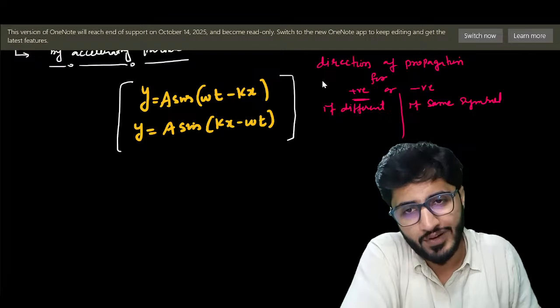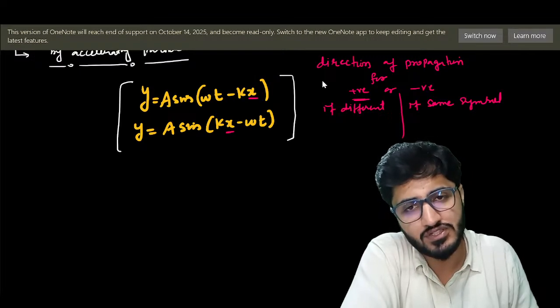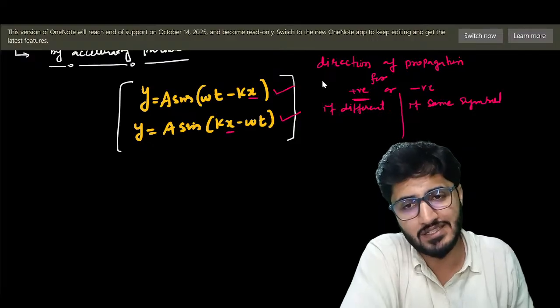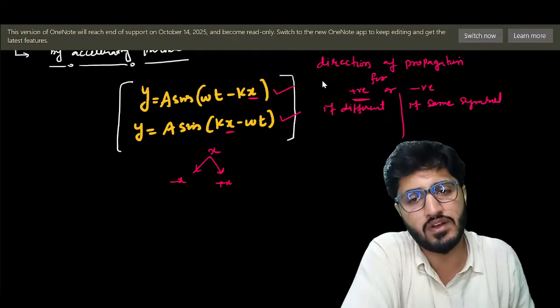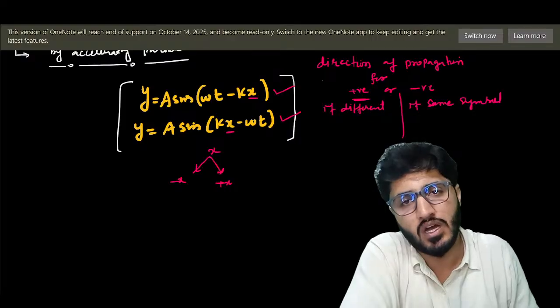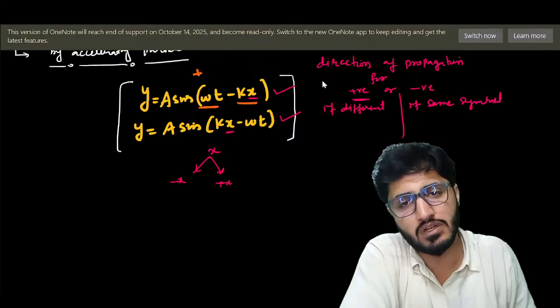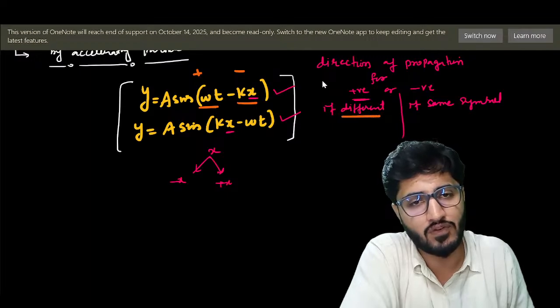First of all, what is written here? x. So these two waves will go in the x direction. Now the question is whether the wave will go in positive or negative x. What is the sign of omega t? It is positive. What is the sign of kx? It is negative. Different. So if the signs are different, it will go towards positive x.